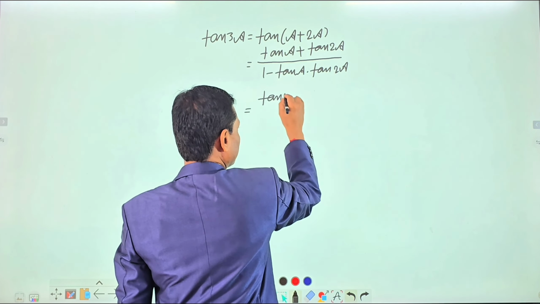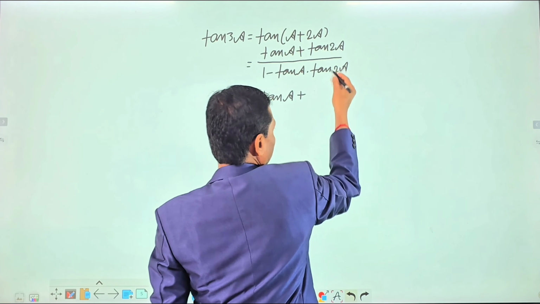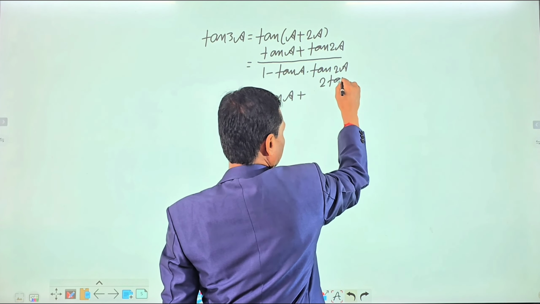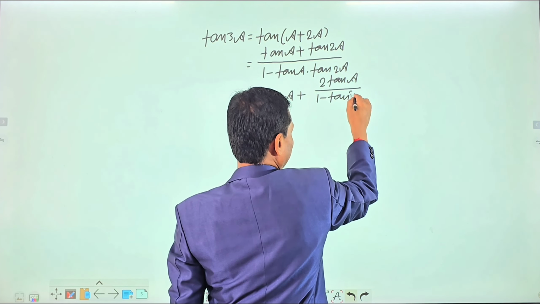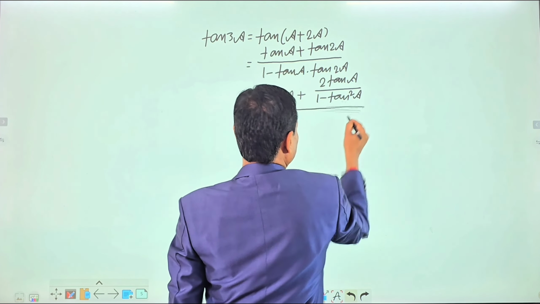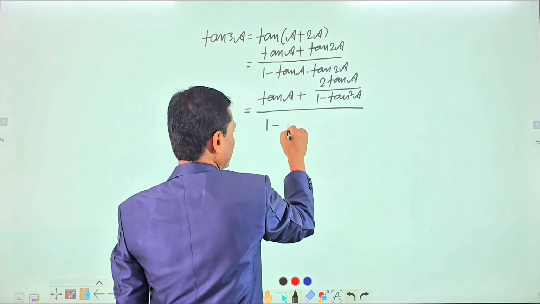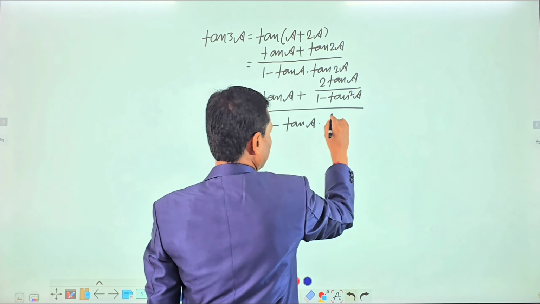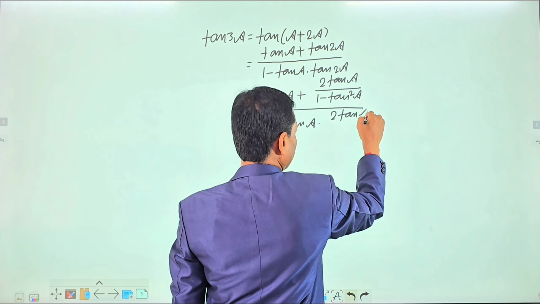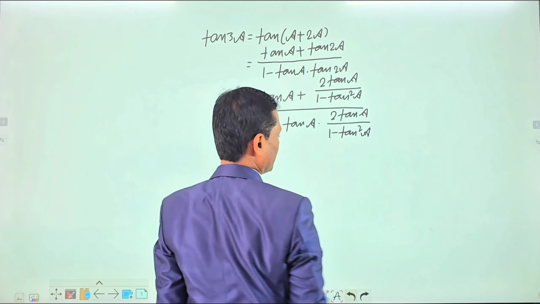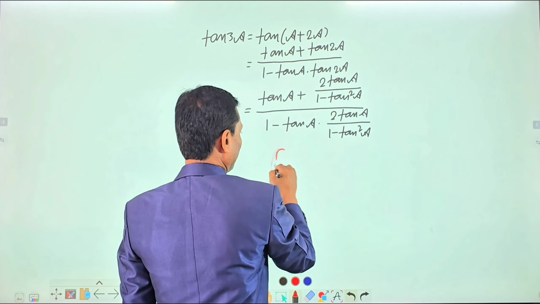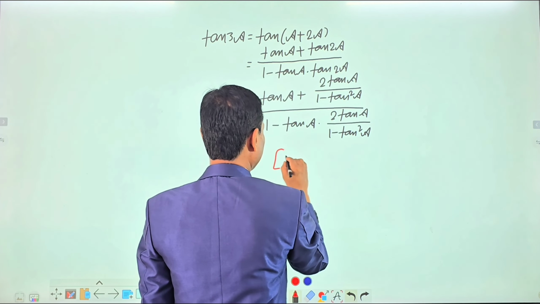So we have here tan a plus tan 2a equals to what? 2 tan a over 1 minus tan square a. At the denominator as well, we have here 1 minus tan a dot 2 tan a over 1 minus tan square a. Isn't it? It's better to write inside the bracket, the formula that we have here.